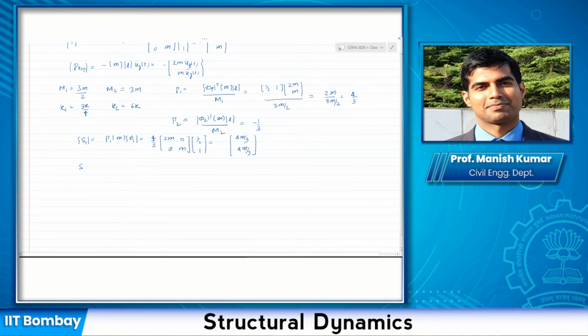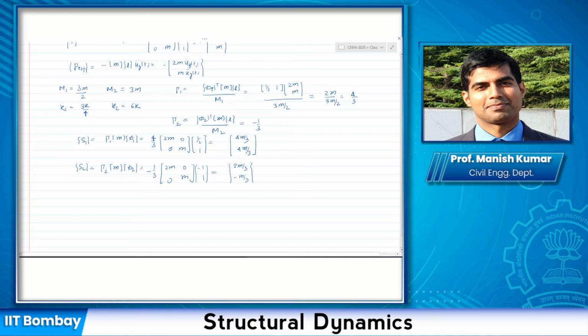Similarly, S2 is gamma 2 times mass times phi 2, so this is minus 1 by 3 times [2m 0; 0 m] times [minus 1; 1], which is minus 2m and m. With the factor of minus 1 by 3, this would be 2m by 3 and minus m by 3.